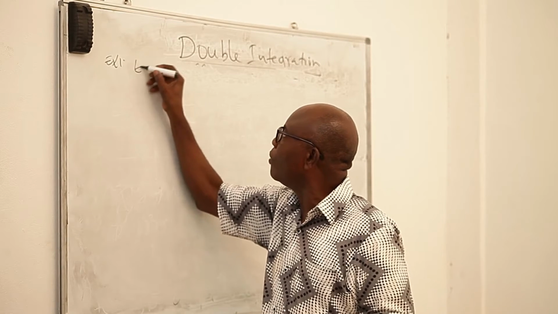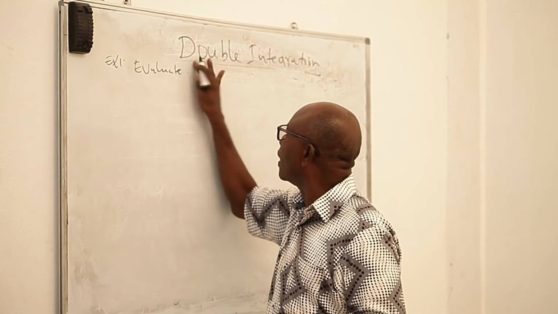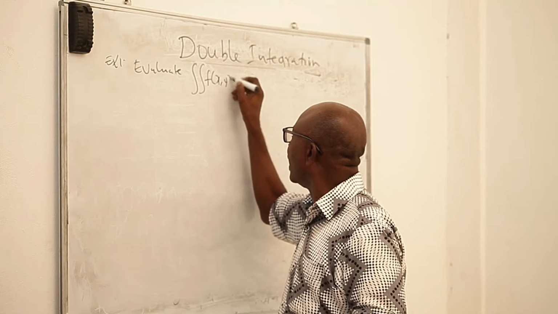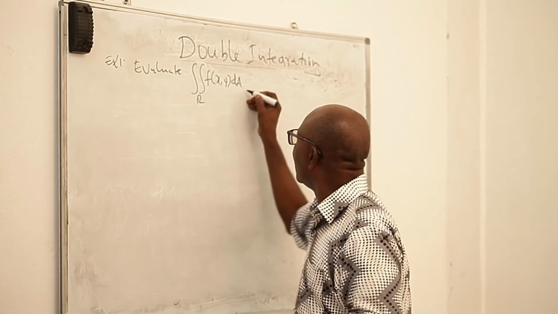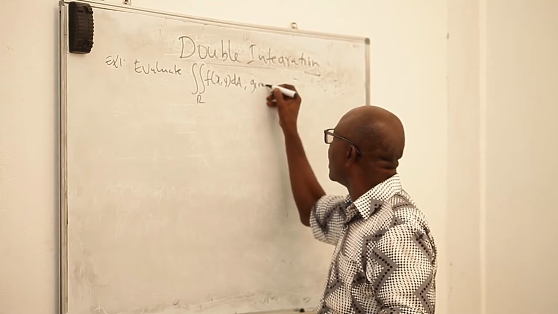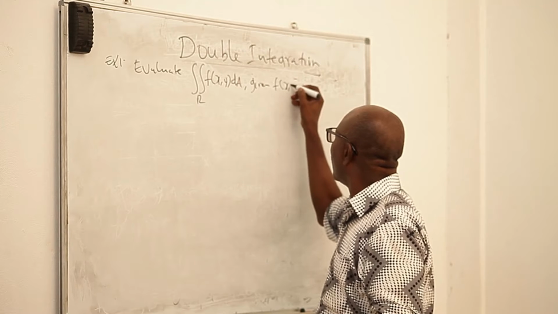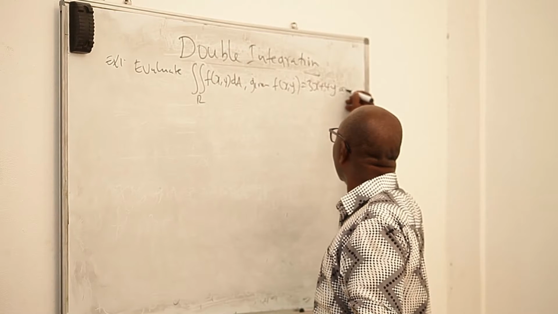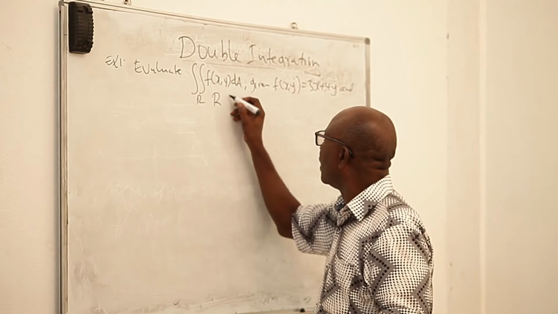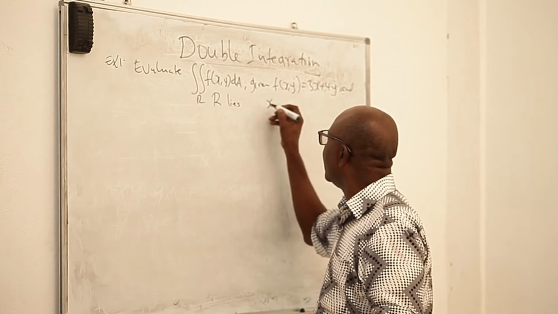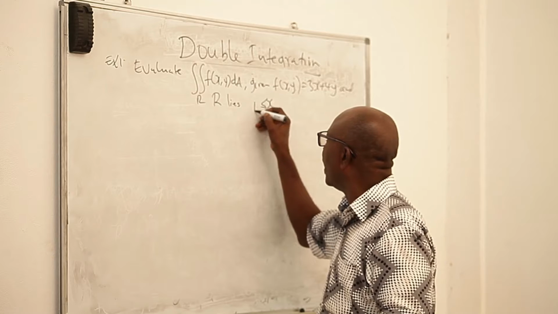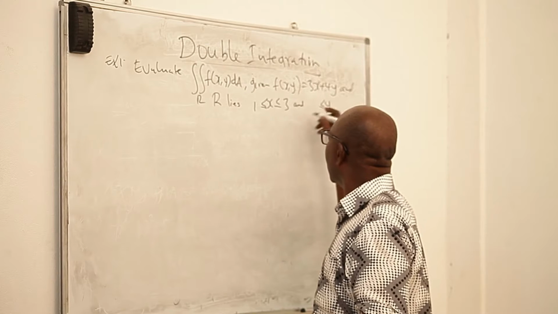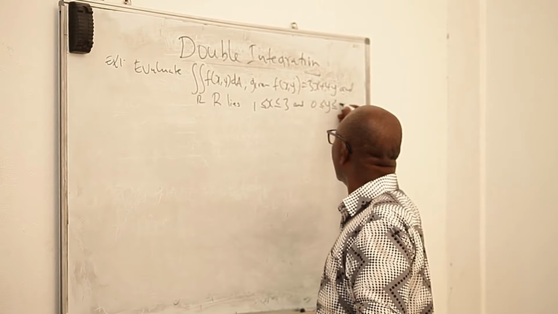We have to evaluate the double integral of f of x, y, dA over R, given f of x, y is 3x plus 4y, and R lies in the region x is greater than or equal to 1, less than or equal to 3, and y is greater than or equal to 0 and less than or equal to 2.